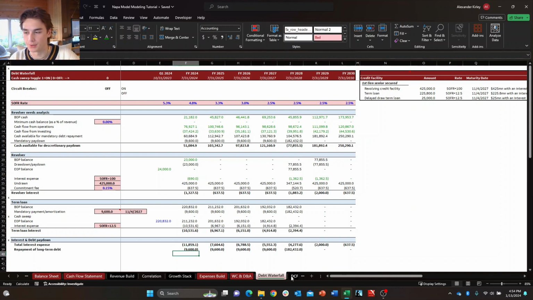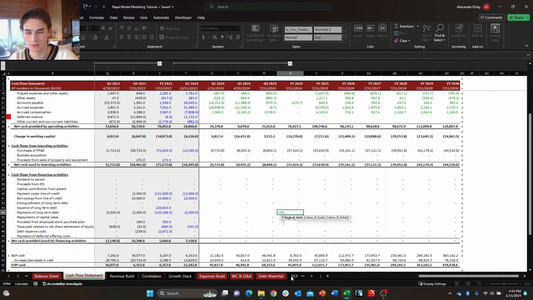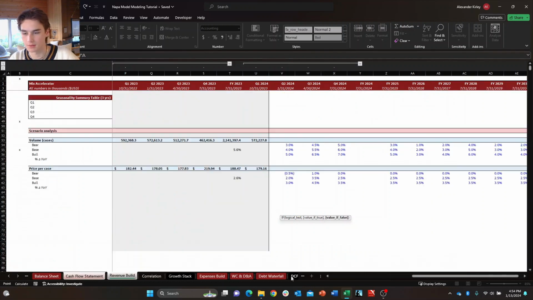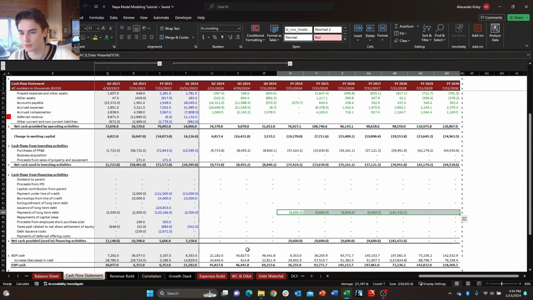Now what we want to do is link our repayment of long-term debt to our cash flow statement. So we're going to go over to our cash flow statement and use that same circuit breaker function. We see payments of long-term debt. We're going to come here to the year and do if CB equals on, give me a 0, and if not, I'm going to go down to repayments of long-term debt, Control right.